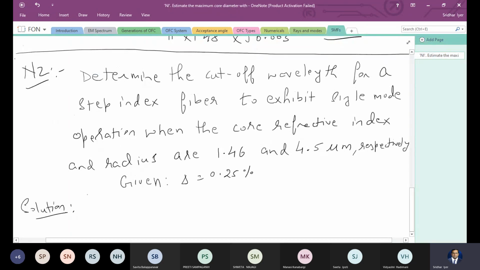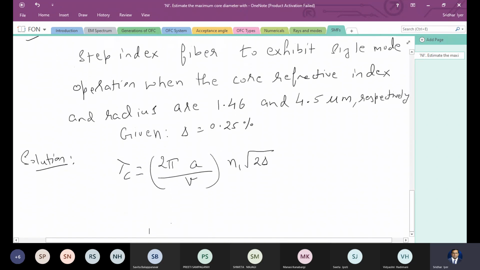So we need to find the value of cutoff wavelength lambda c, and that value will be 2 pi a divided by V number into n1 root 2 delta. Right? So these are the parameters which we require to find the cutoff wavelength.